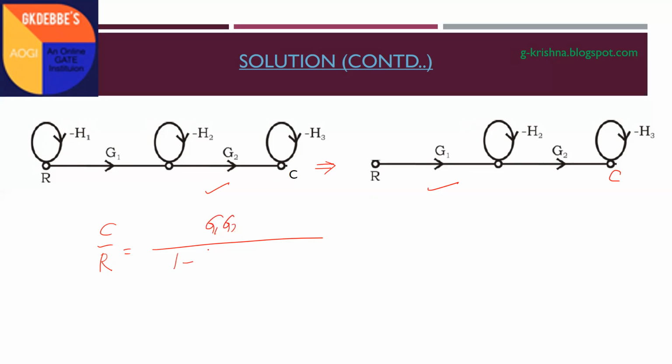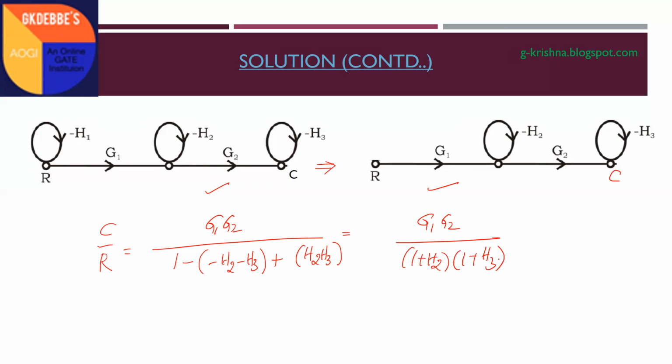And delta is 1 minus the sum of loop gains. How many loop gains do we have? There are two loop gains, minus H2 and minus H3, and both are non-touching, so plus the product H2 H3, and delta 1 is 1 only. Hence this answer will be G1 G2 by (1 plus H2) into (1 plus H3).